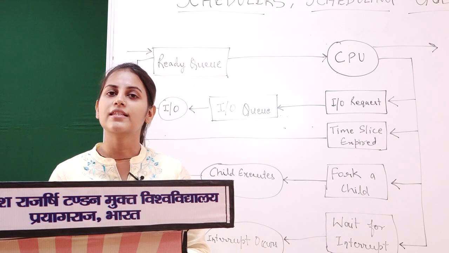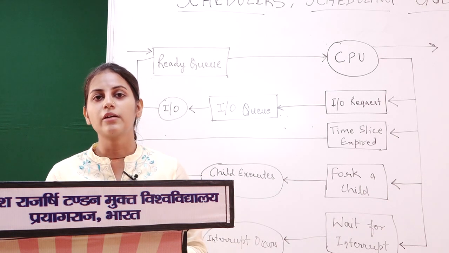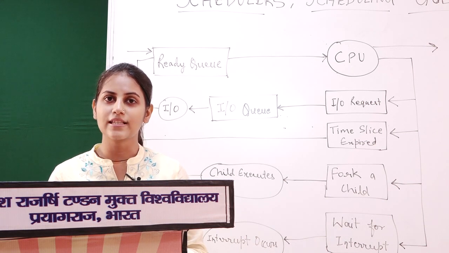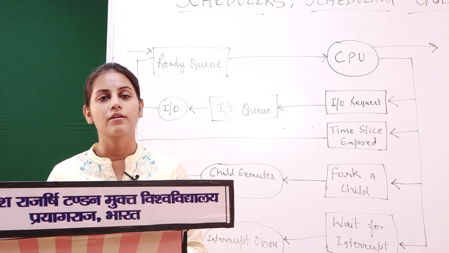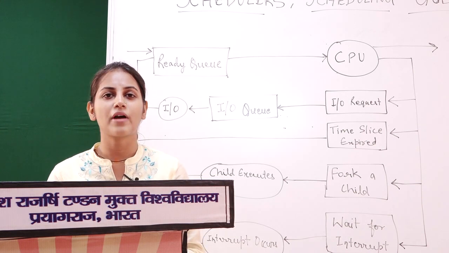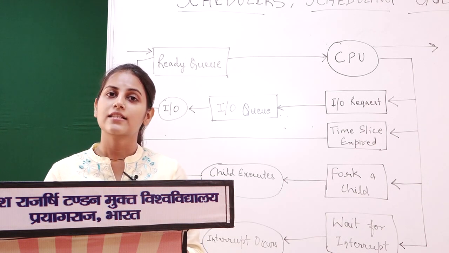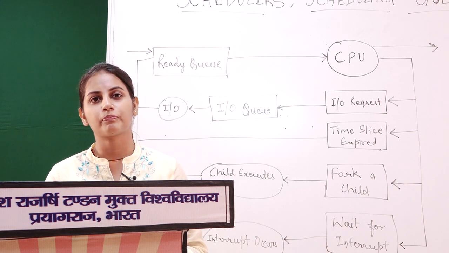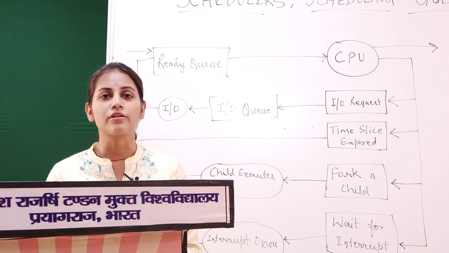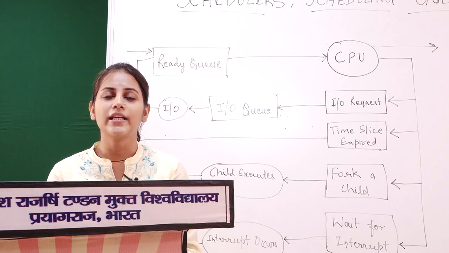In multi-programming systems, we want to keep the CPU busy all the time, and therefore, when the running process stops because it waits for some I/O or some event to happen, we select some other process for execution, and thus the system gives the user an illusion that more than one process is running at the same time.